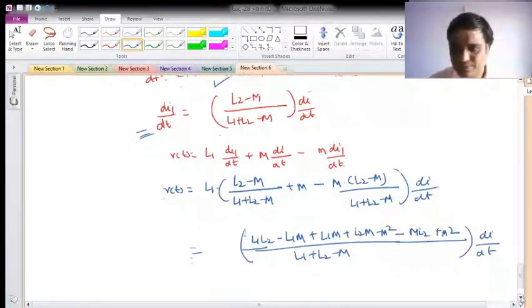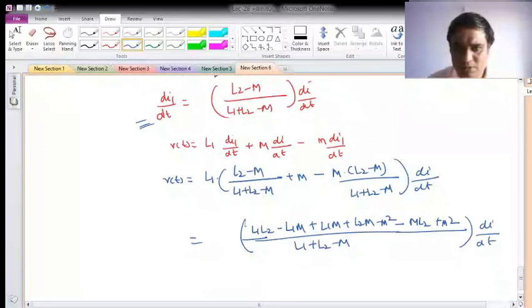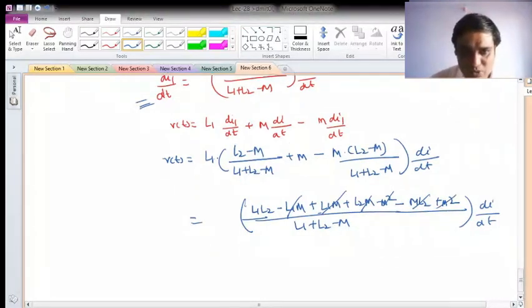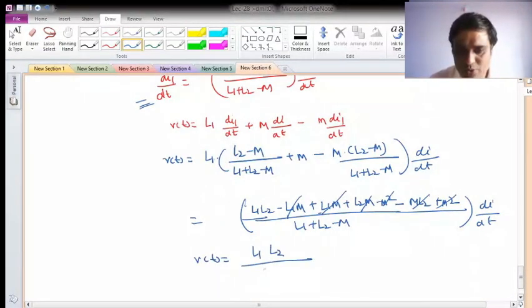L1 M cancels with minus L1 M, L2 M with minus M L2, and M square also gets cancelled. So what will be the equivalent? V of t will be L1 L2 upon L1 plus L2 minus M into di by dt. So this is my equivalent.